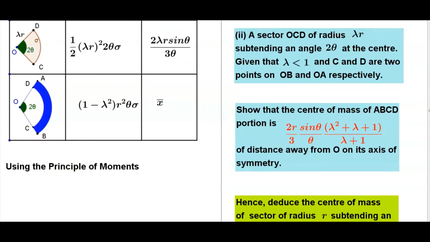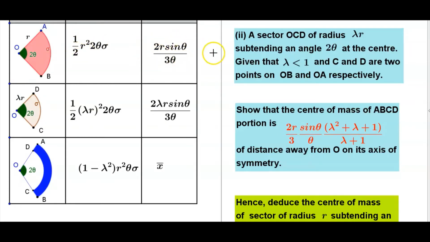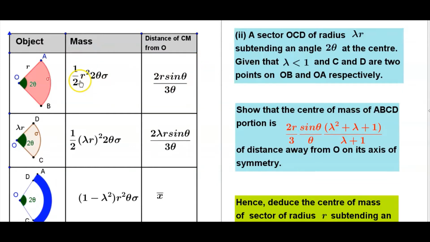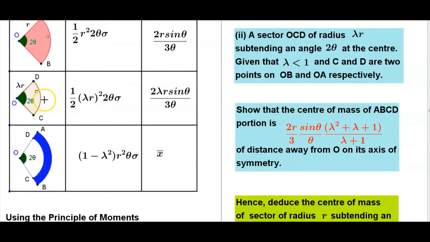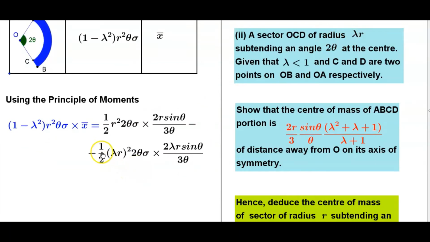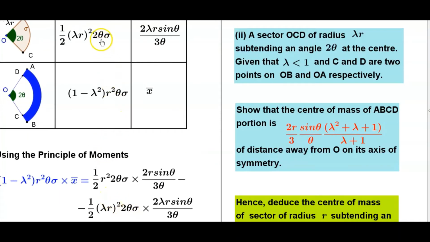The moment of ABCD is mass into distance: 1 minus lambda squared into r squared theta sigma into x bar is equal to half r squared 2 theta sigma into 2r sin theta over 3 theta, minus half lambda r whole thing squared 2 theta sigma into the distance 2 lambda r sin theta over 3 theta.